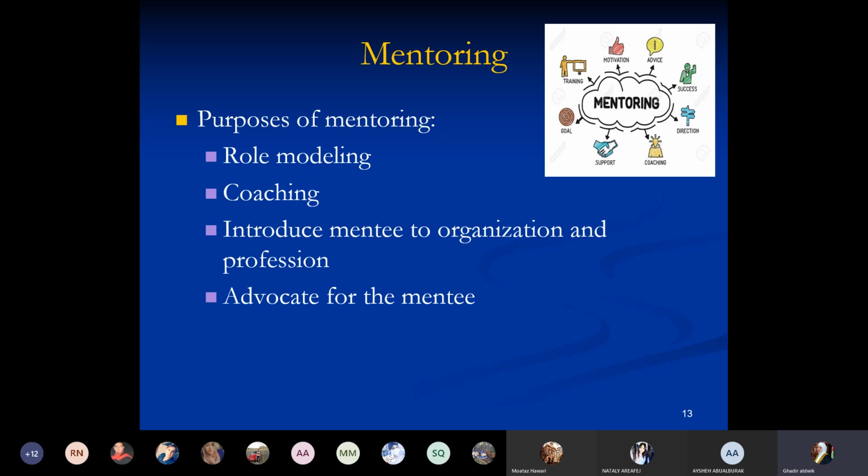Coaching, training, introduce mentee to organization and profession, advocate for the mentee. The mentor should advocate for everything for the mentee. Okay?